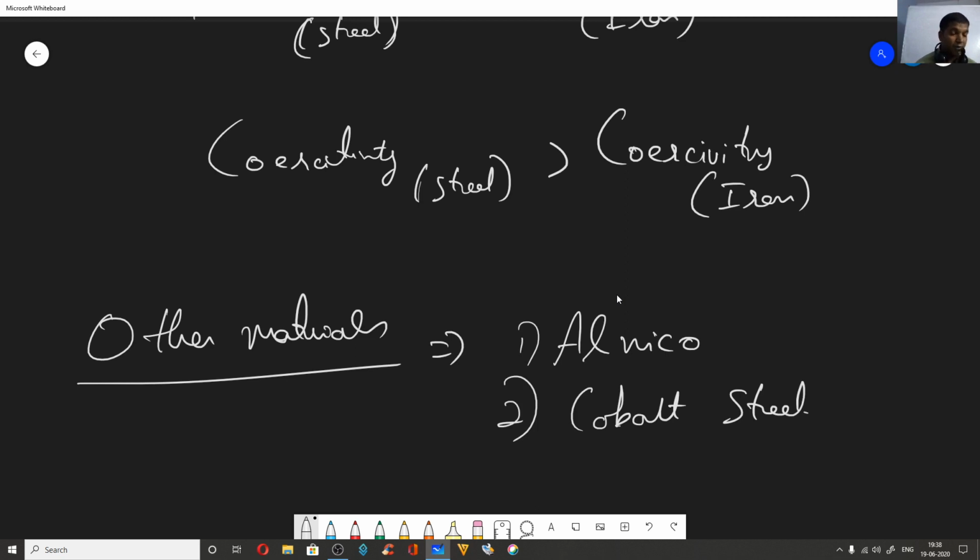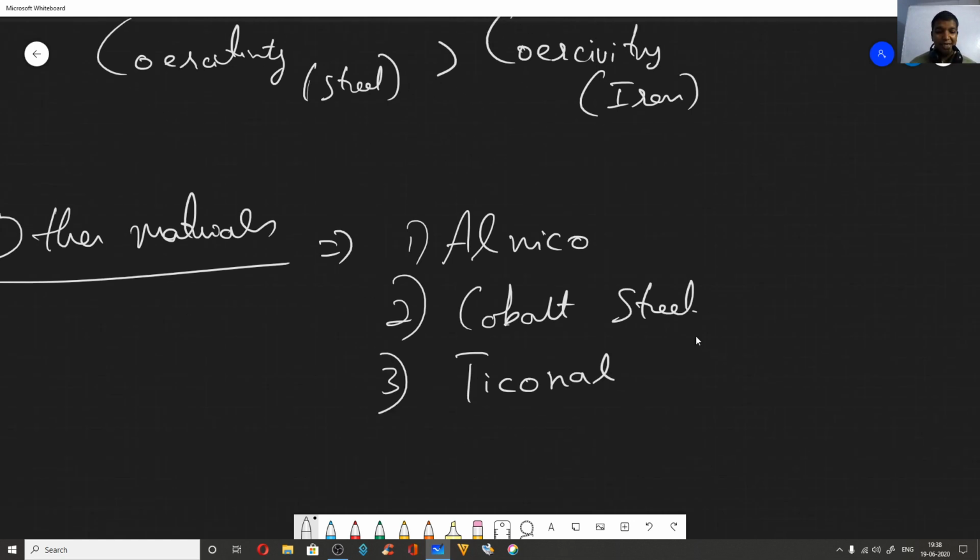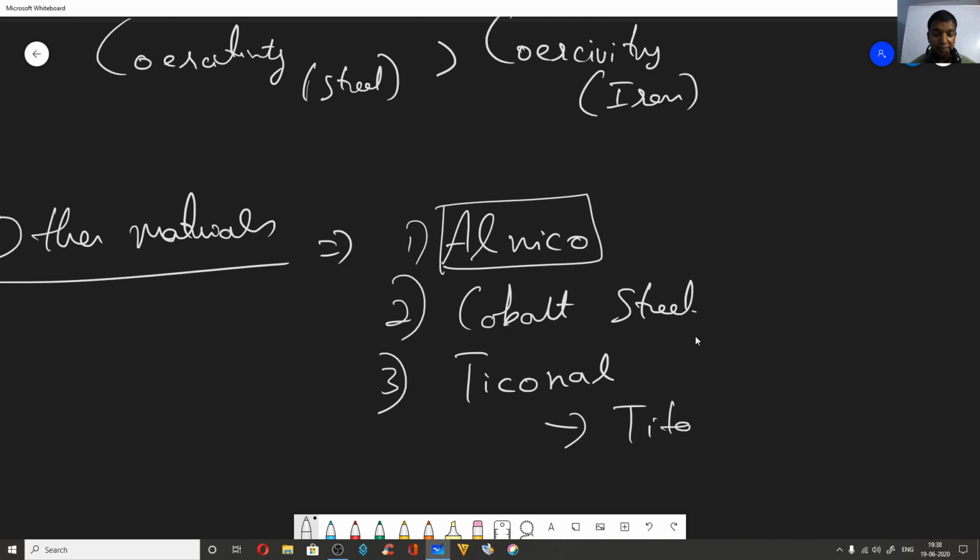And the third one is something called ticonal. They say ticonal has all the contents present in alnico, aluminum, nickel, cobalt, iron, and apart from that it has a little bit of titanium.